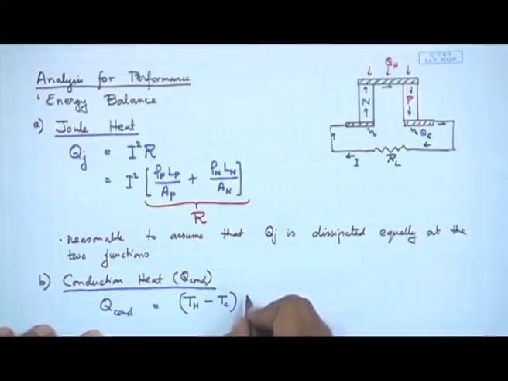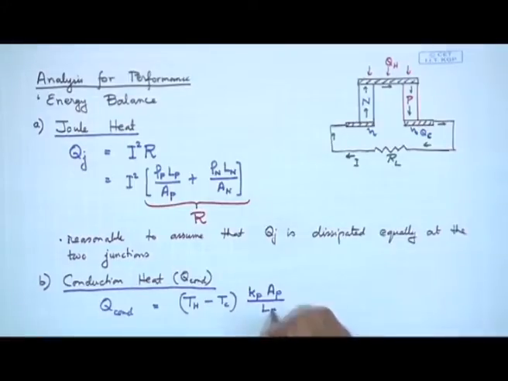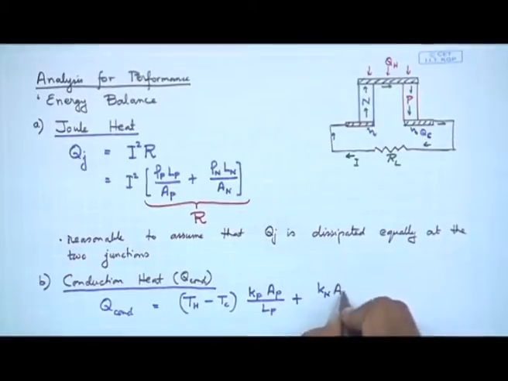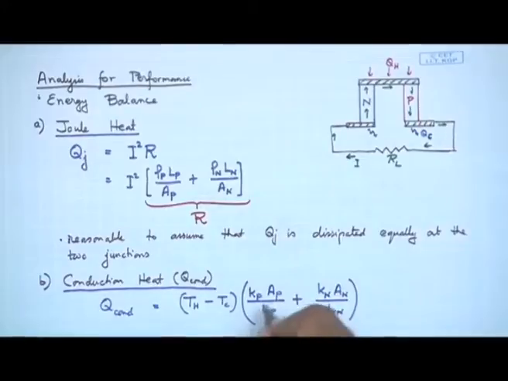What is that? Q is K A dT/dx. So, therefore, I will write it as Kp Ap over Lp plus Kn An over Ln, where K is the thermal conductivity. These are thermal conductances, just like these are electrical resistances.